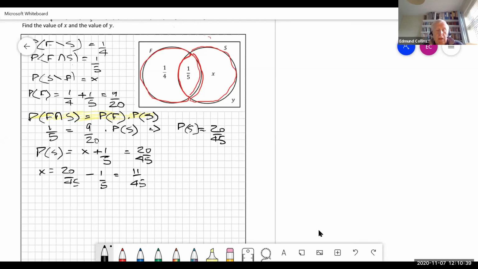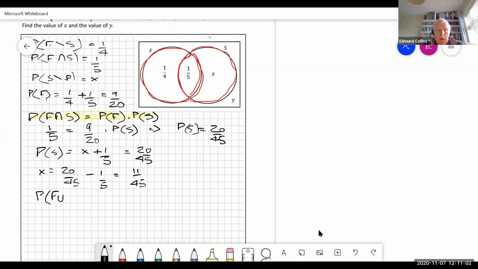We'll be using the probability of success equals 1 minus the probability of failure. So before we do that, we just need to calculate one more thing here.